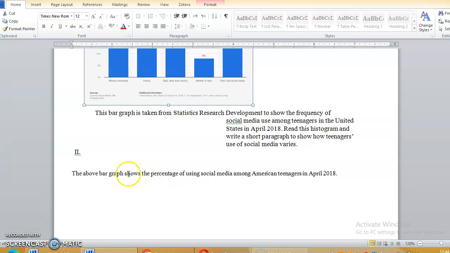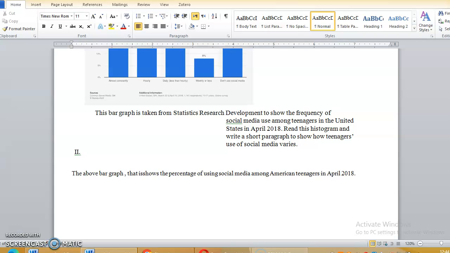The above bar graph, I can add here, that is taken from, or that is found on, the Statistics Research Development page or website, shows the percentage of using social media among American teenagers in April 2018.